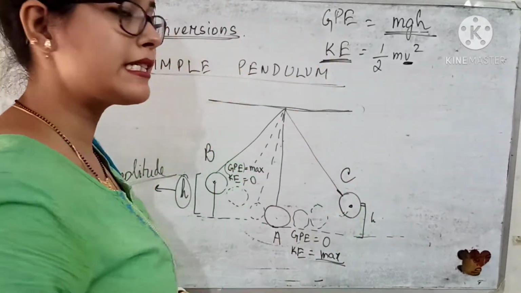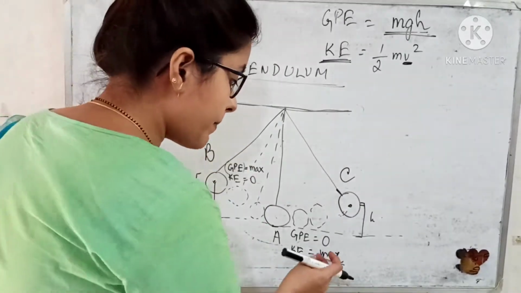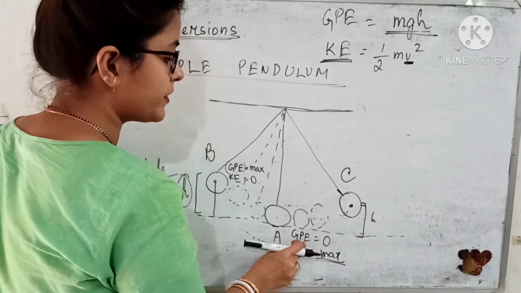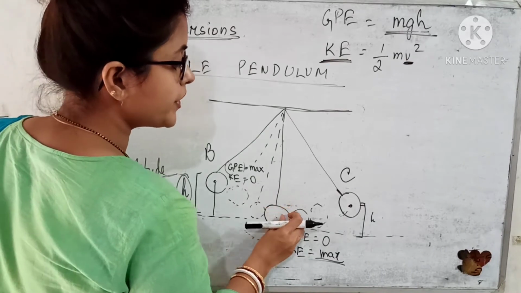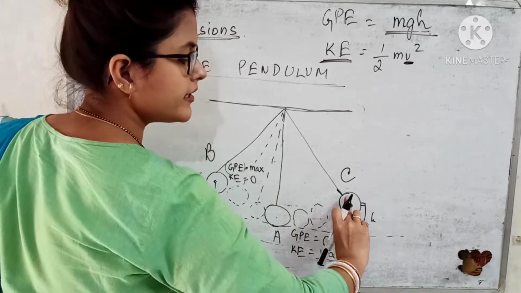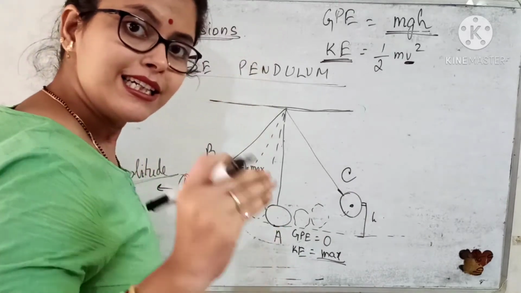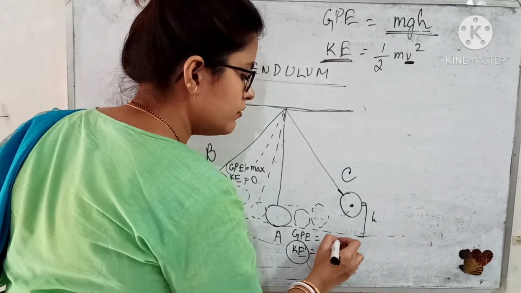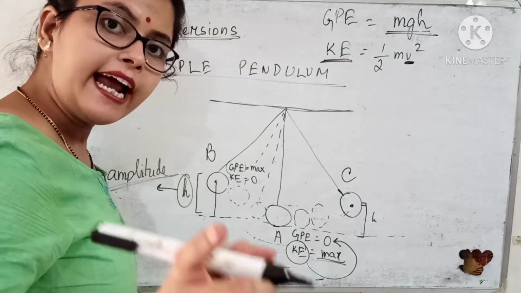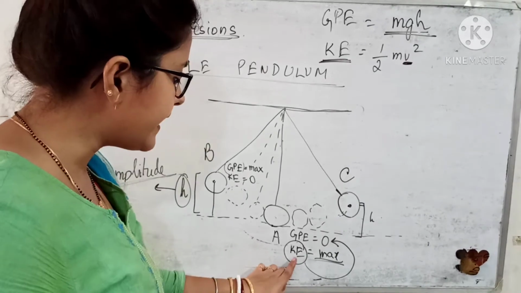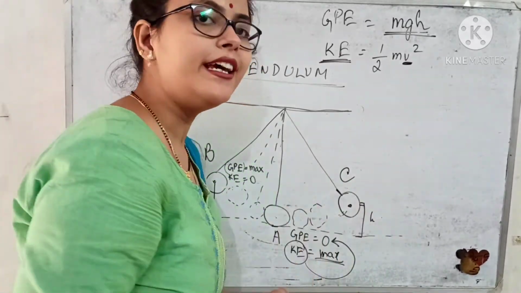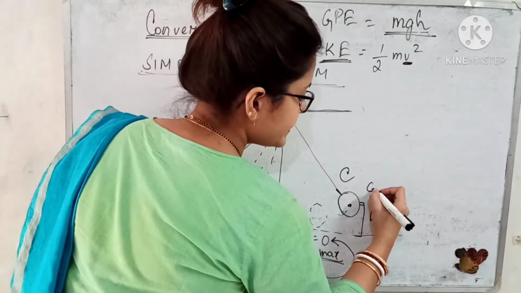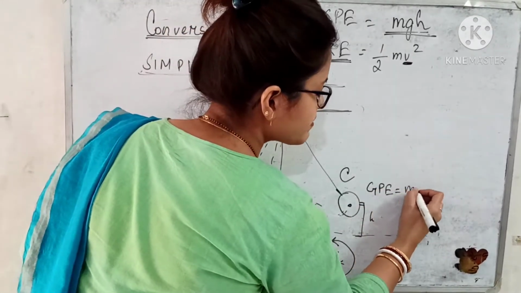Let us name this position as C. Why? Because a part of its kinetic energy is getting converted to gravitational potential energy, because as it moves from here to here, it is gaining a height. Due to this, the kinetic energy is slowly getting converted to gravitational potential energy, and there will be a point when all of the kinetic energy will be converted to gravitational potential energy. So at this particular point C, the gravitational potential energy now becomes maximum.